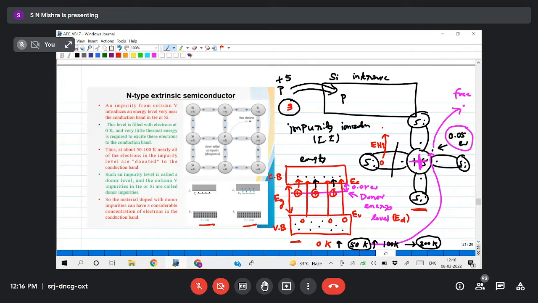You can observe the electrons from the bound state are now free. In that process electron hole pairs are generated, and this process of generating electron hole pairs by breaking the covalent bond is called band to band transition.